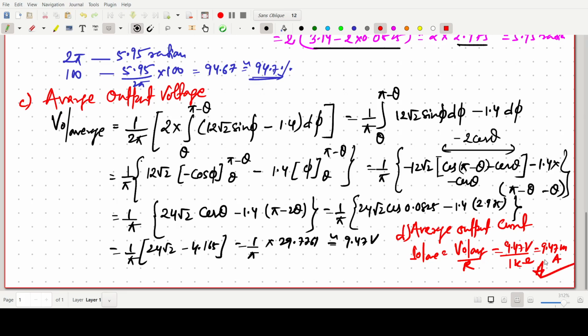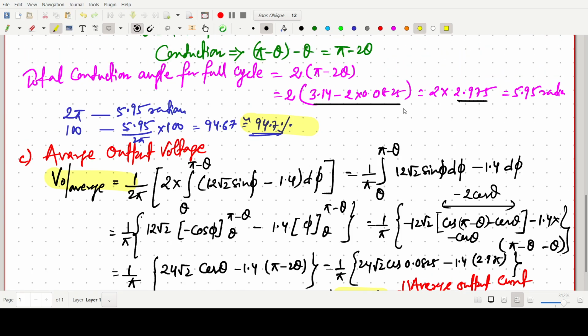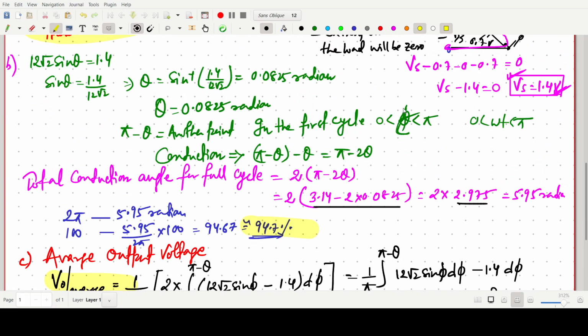Okay, so this is the final answer for the output current, and output voltage will be 9.47, and the fraction of a full load is 94.7% utilization of the input waveform.